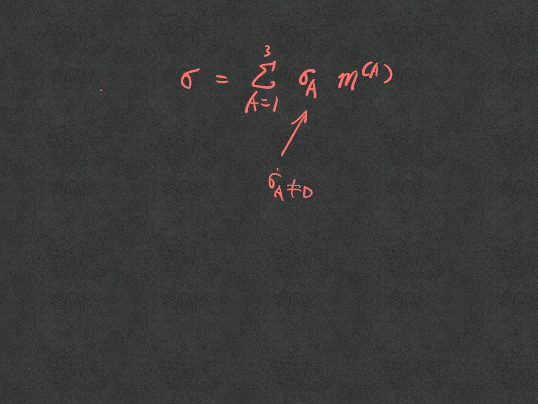Now the second one is more interesting. What happens if M_A is changing? The spectral direction is changing. How do I correctly change M_A? Does anyone know how?